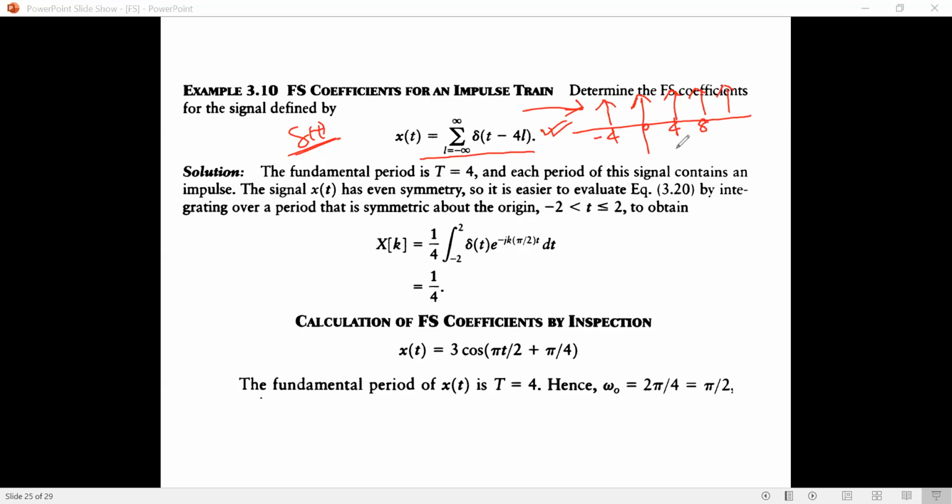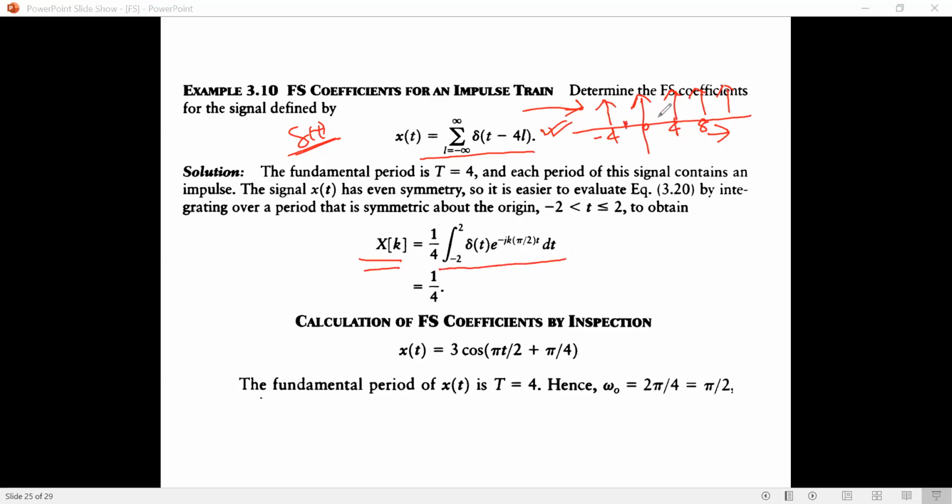Then if you want to find the Fourier constants of this periodic function, you can use the same equation: xk equals 1 divided by T, here 1 divided by 4. Your integration is done between -2 to 2 over one period.